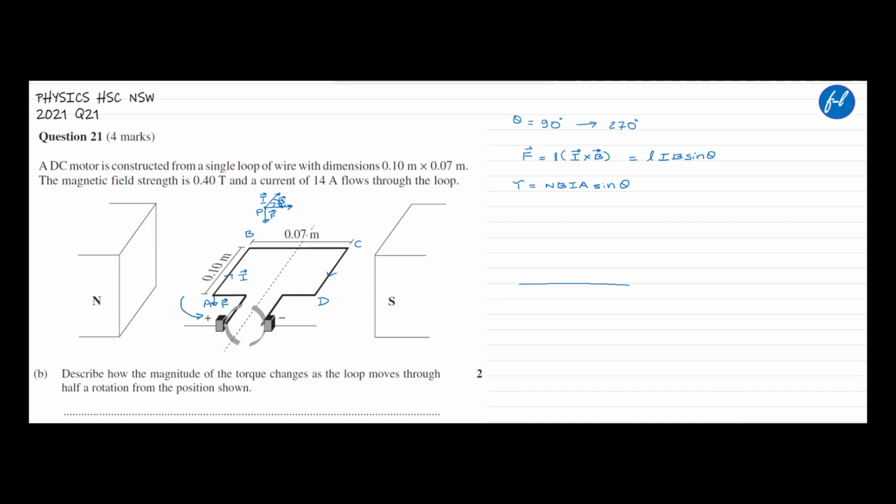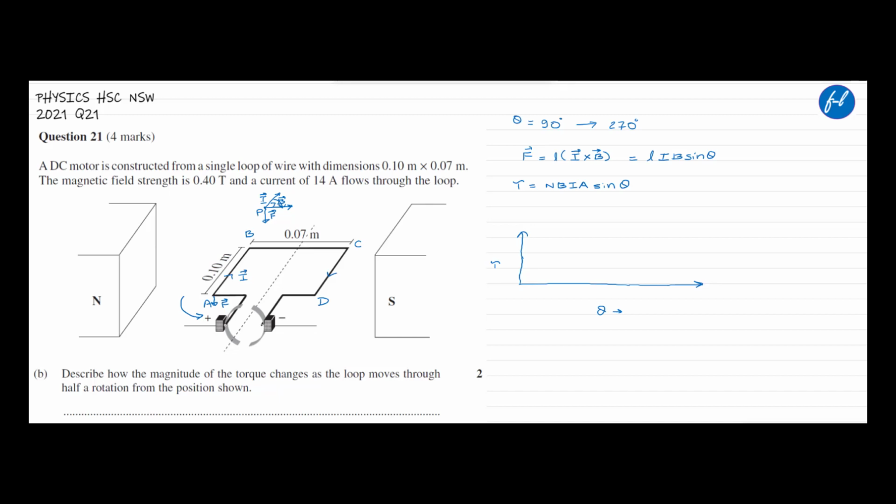So taking theta on the x-axis and the magnitude of torque on the y-axis. Not a very good graph, but let's see how best I can draw it. So this is theta and this is torque.